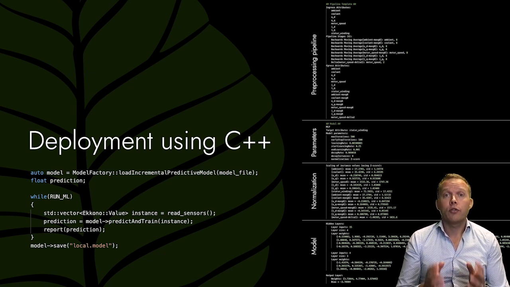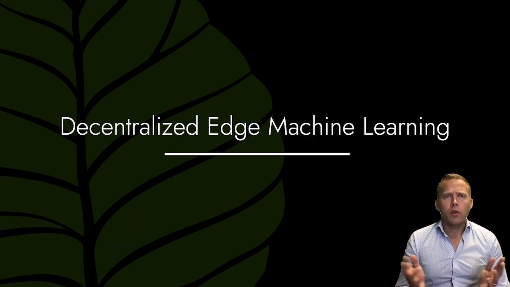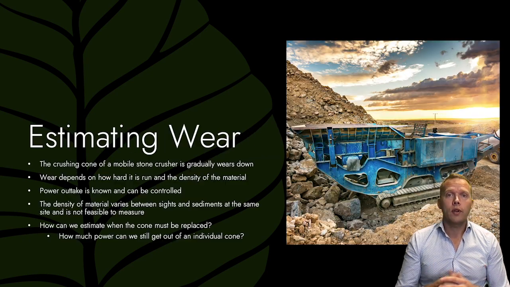So you can actually continue to learn on the device. With all that out of the way, let's get down to some real examples and also use cases that demonstrate the power of this decentralized edge machine learning.